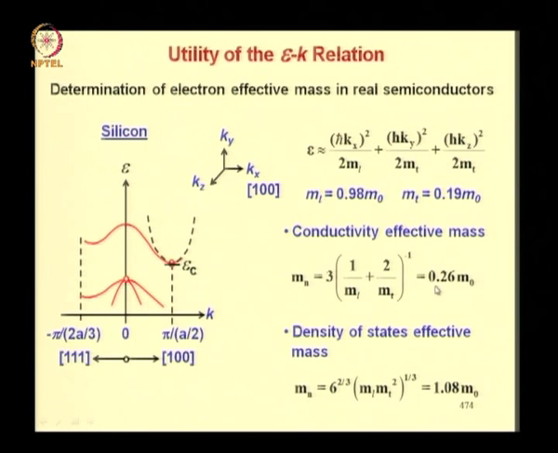So this value turns out to be 0.26 m naught if you substitute these values of ml and mt. Using the same values of ml and mt, in the case of density of states however, the effective mass is different, 1.08 times m naught, because a detailed derivation shows that the averaging is of a geometric kind. There is a geometric mean, ml into mt square whole thing raised to 1 by 3, with of course a factor coming here.